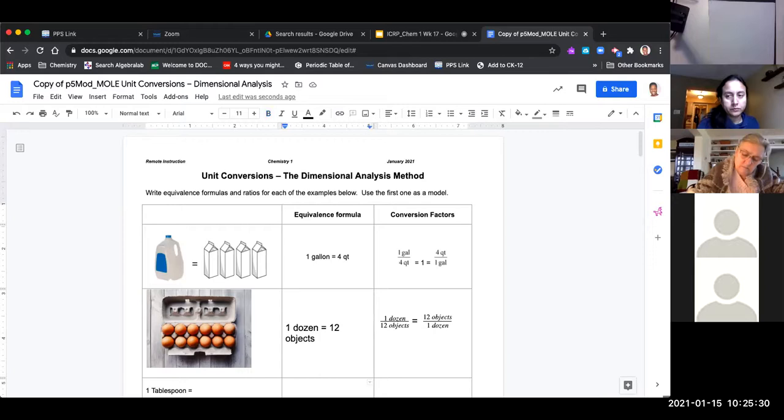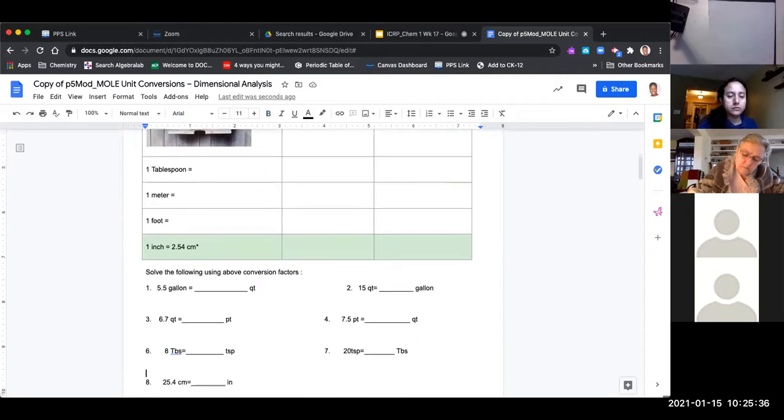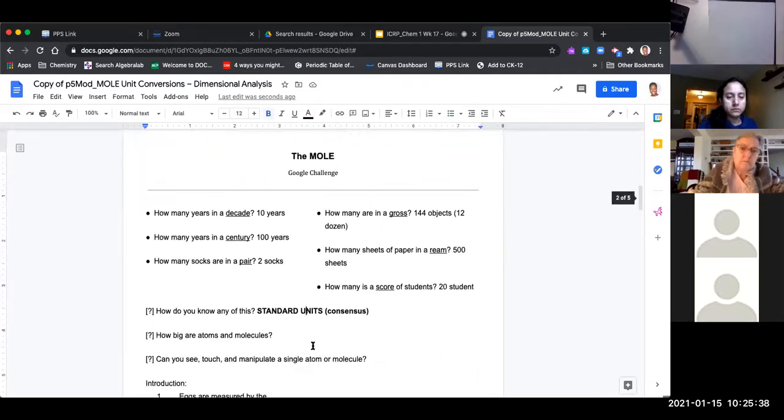Where we started to deviate from the basic common units was when we did our mole challenge, and we began to talk about decades and centuries as standard units based on the metric system. Dec, 10; cent, 100. That's standard versus fancier units like a gross.